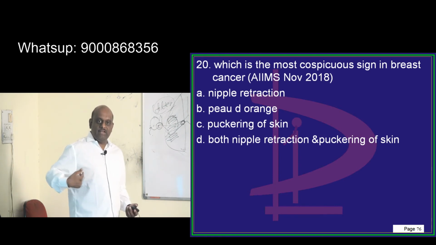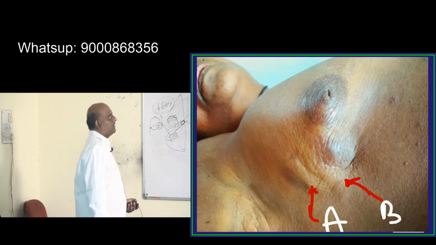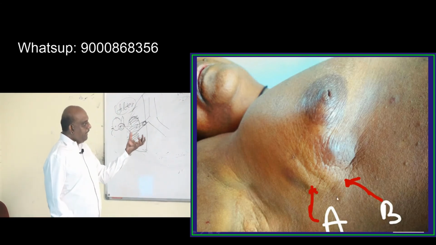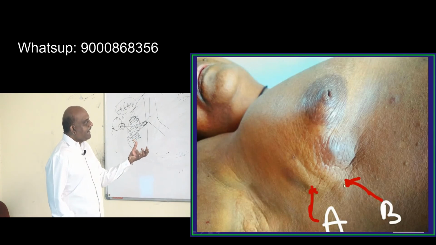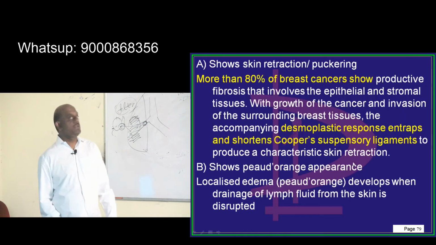So lymphatic drainage is not there. That leads to that peeled orange appearance of the overlying skin in breast cancer. So this is the typical peau d'orange, like the orange peel skin.